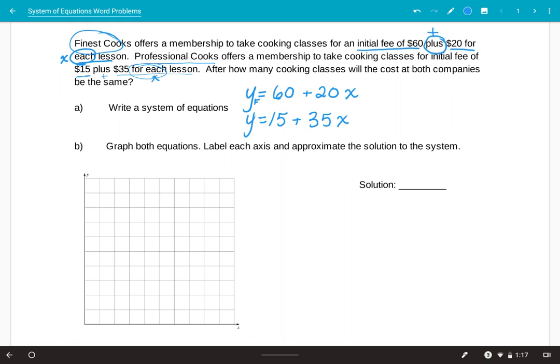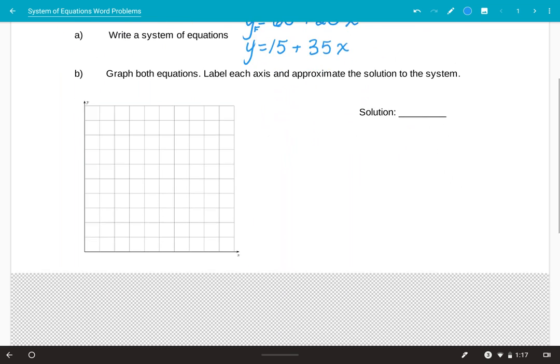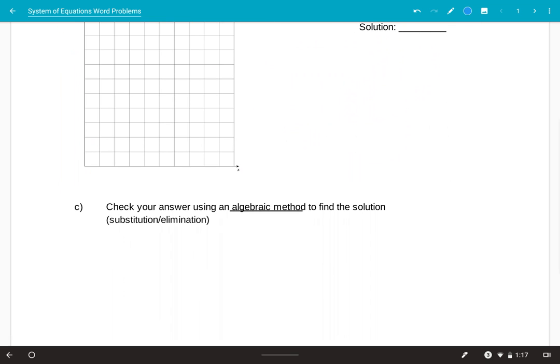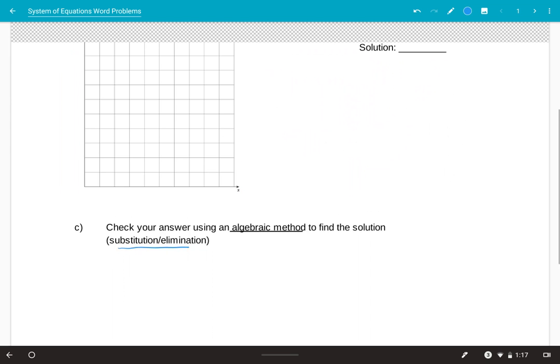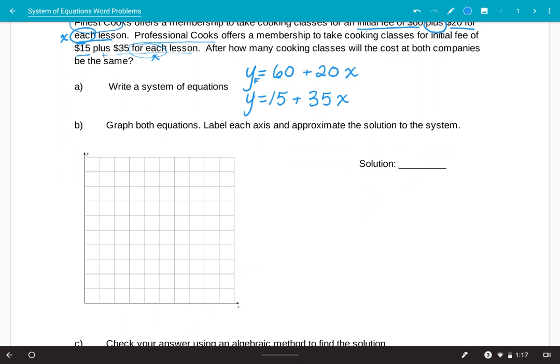All right. What we're going to do now is we're going to graph both of them if you want to, and we're going to see that graphing may not be as accurate as we want it to be. And then later, we are going to do substitution or elimination. So we want to check our answers using that. So we're going to use both types.